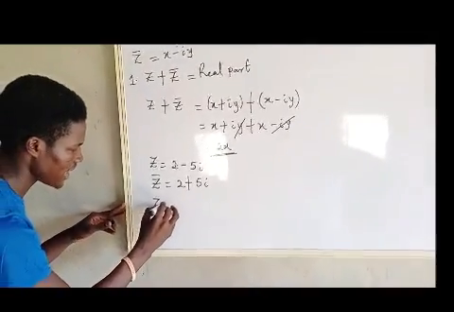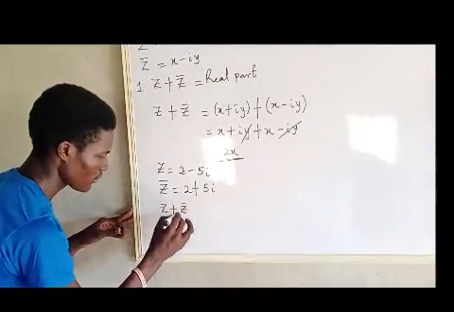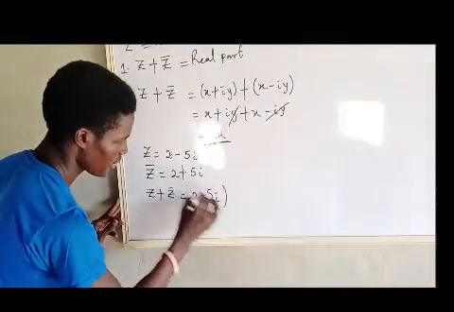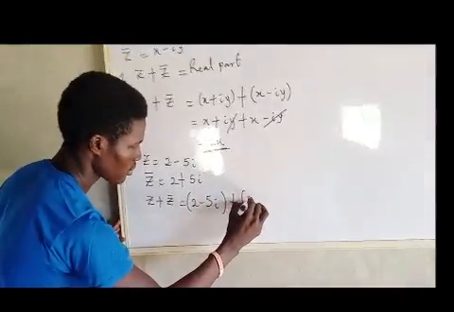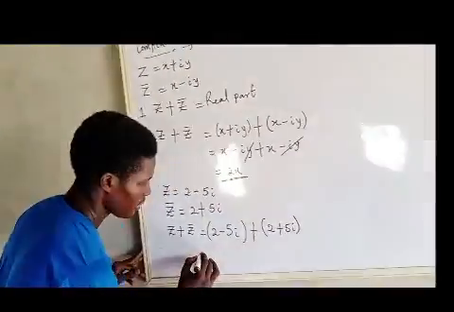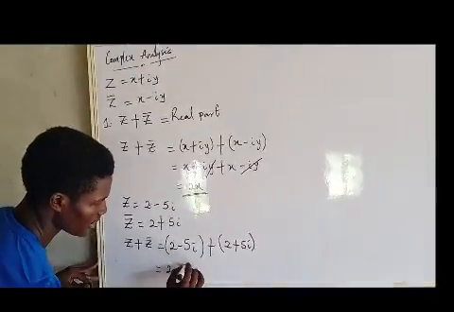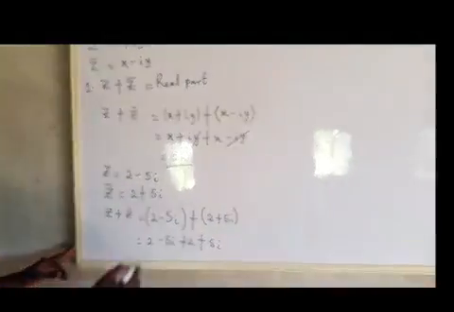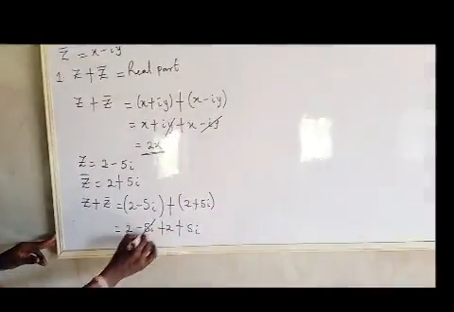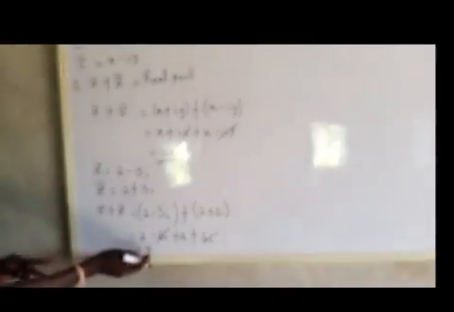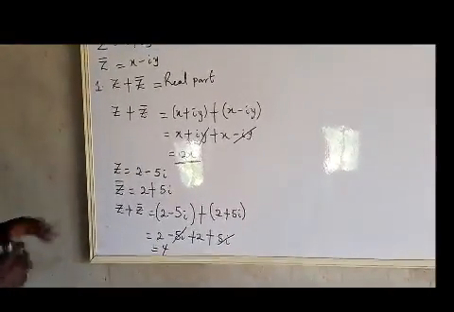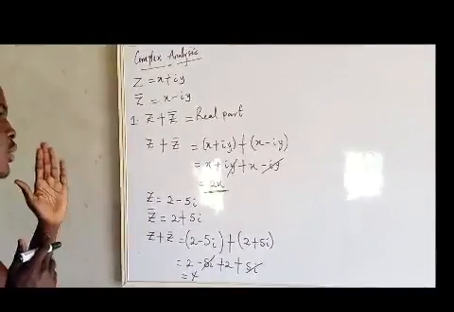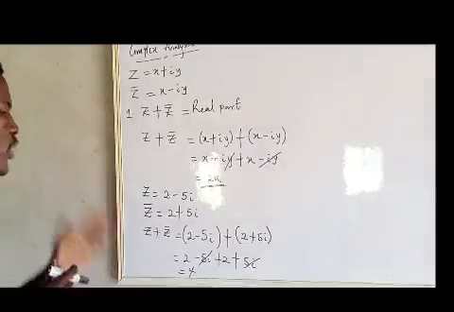That will now be z plus z bar, that is 2 minus 5i plus 2 plus 5i, right? 2 plus 2 will give us 4. Minus 5i will cancel plus 5i, and that gives us 4, which is only a real number. Do we get that now? So the addition of a complex number with its conjugate will give us a real number.